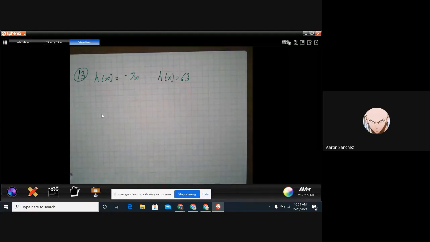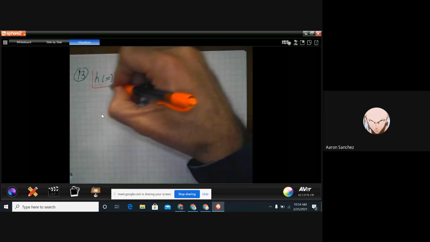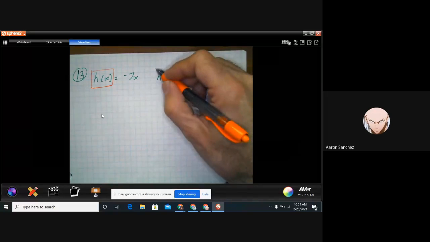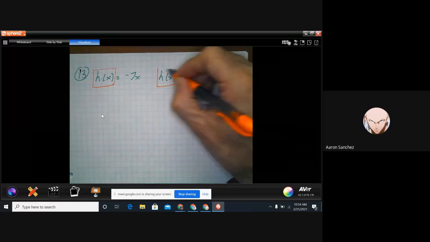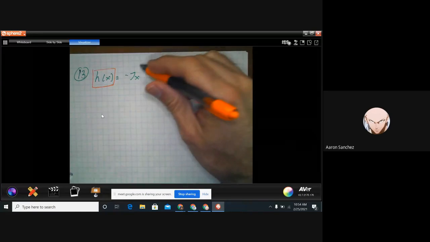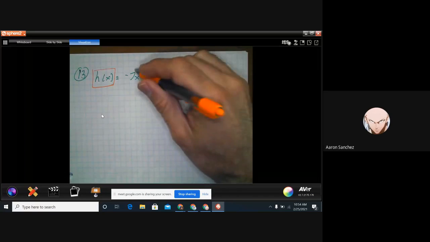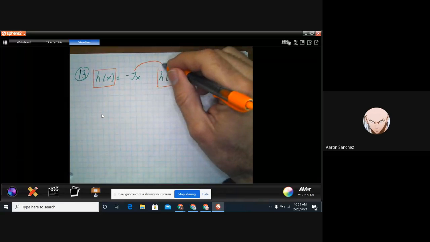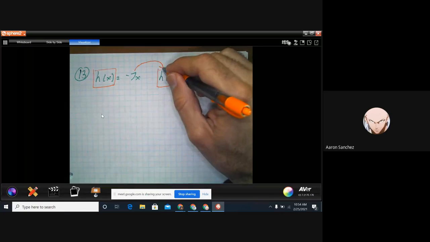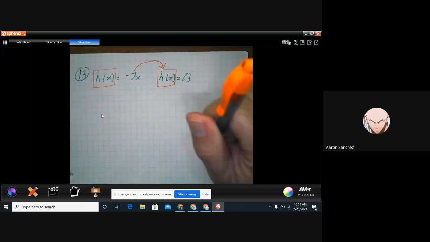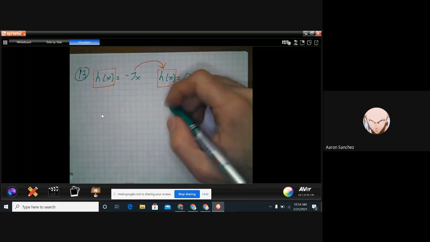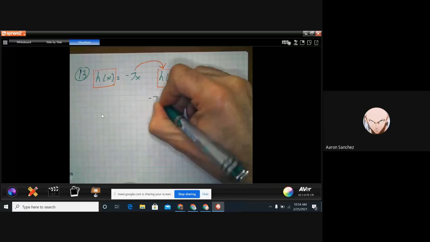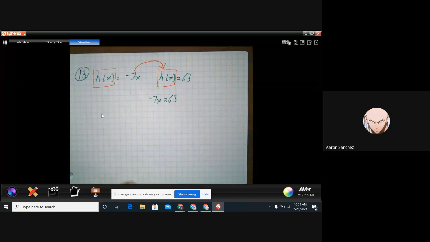Because these are both equal to h of x, I can replace h of x with negative 7x and write negative 7x equals 63.